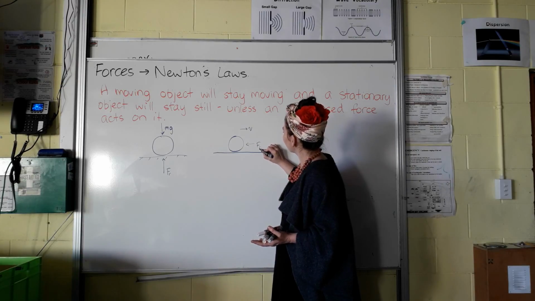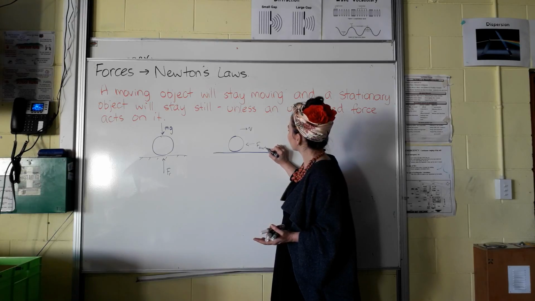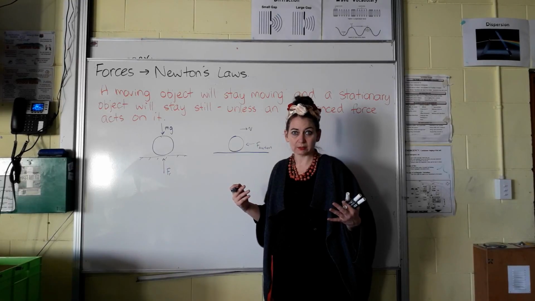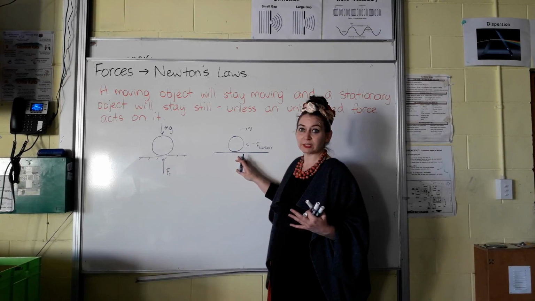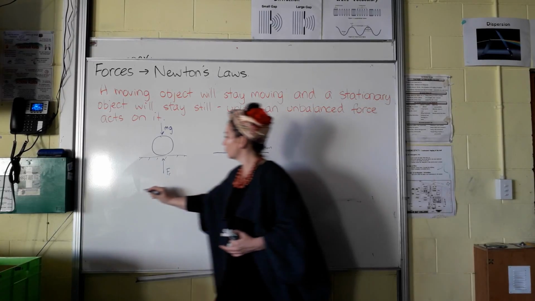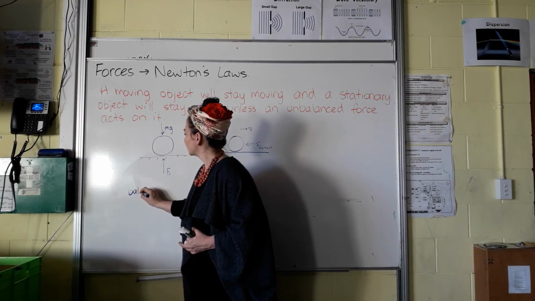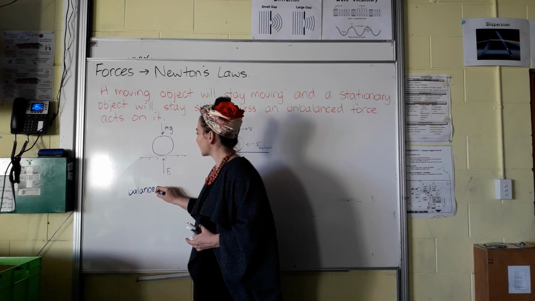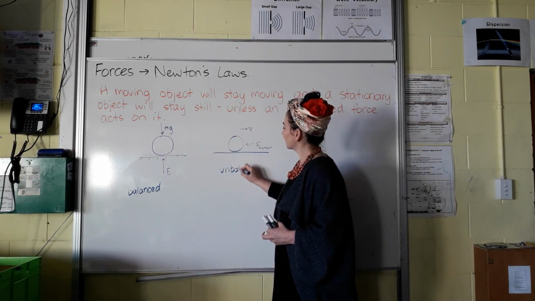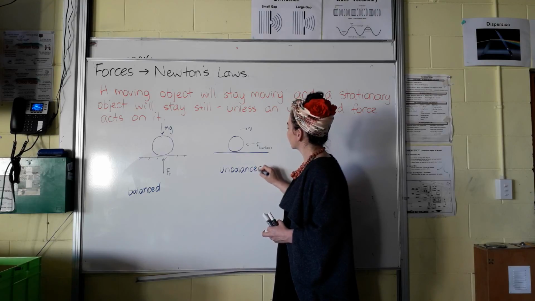I'm going to put an F, and a little friction underneath it so you can be sure. Friction always acts to change movement. So in this case, the ball will slow down because there's an unbalanced force on it. So, balanced, ball stays still. Unbalanced, ball slows down.